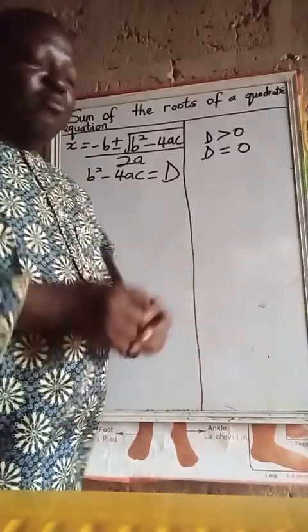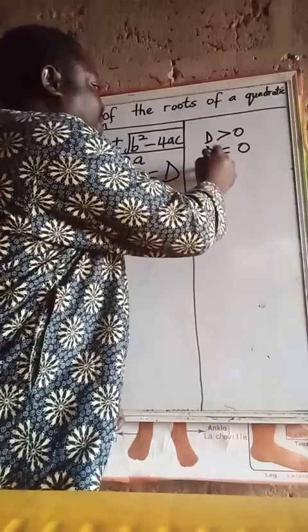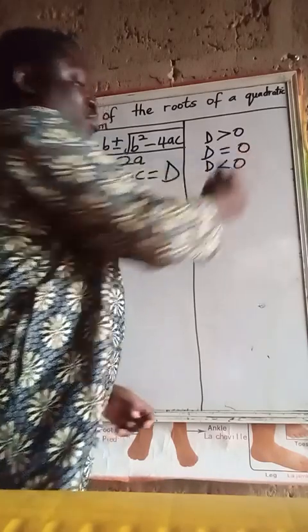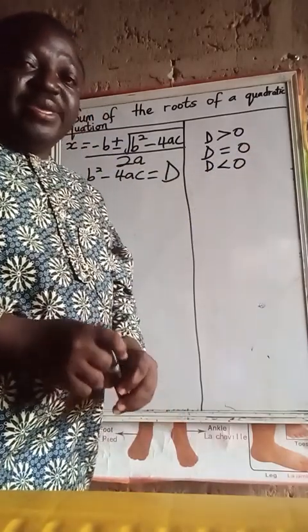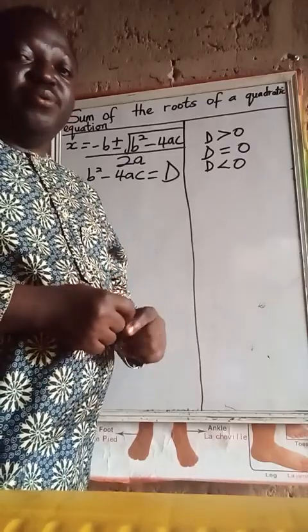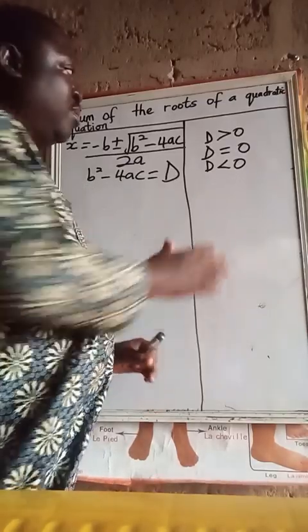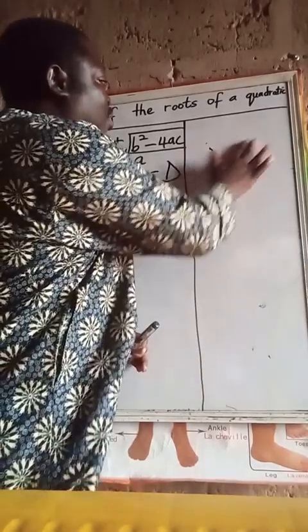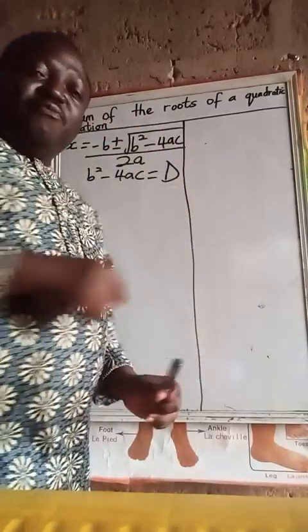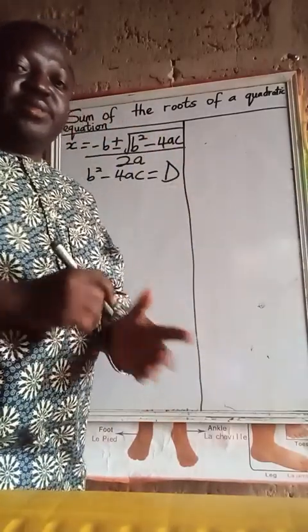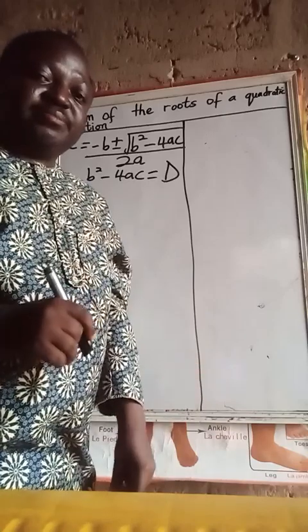Then what if it is less than 0? Then the roots will be imaginary roots or complex roots. So it tells us the nature of roots of a quadratic equation. So that is why we call it the discriminant.